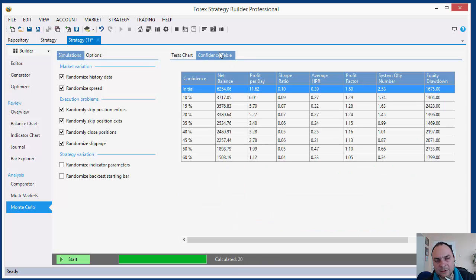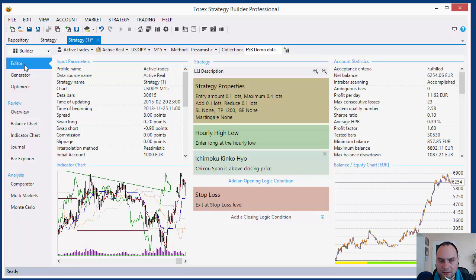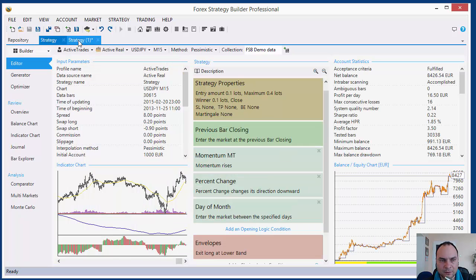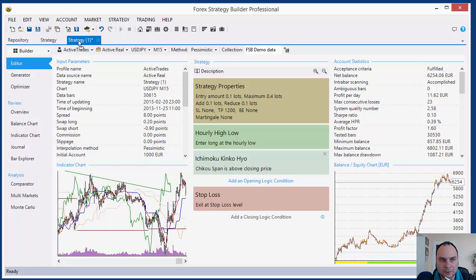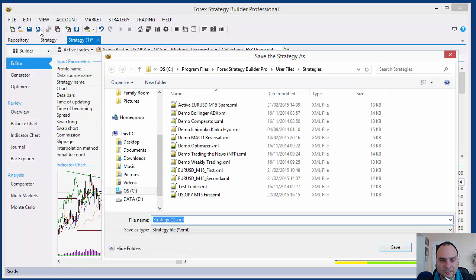See the confidence table. It's almost the same. There is a 60% chance to make a €500 profit. It's not excellent, but what more could I want? I'll keep it. Let's save it.